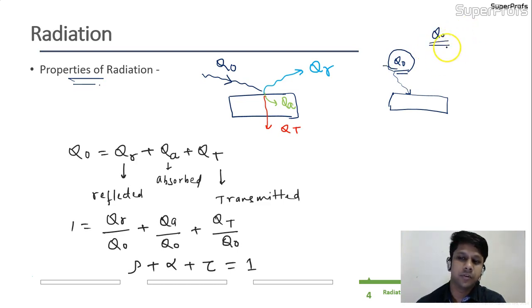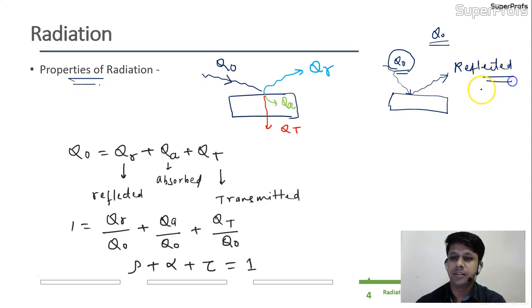So Q0 is falling on this surface. So what are the possibilities? What can happen to this heat? So the first possibility is this energy can be reflected back in another direction. So let us say this is reflected back, and let us denote this reflected heat by QR. So R is for reflected.